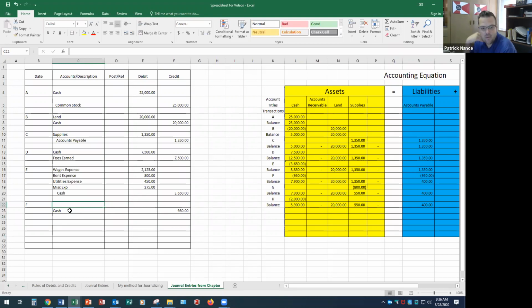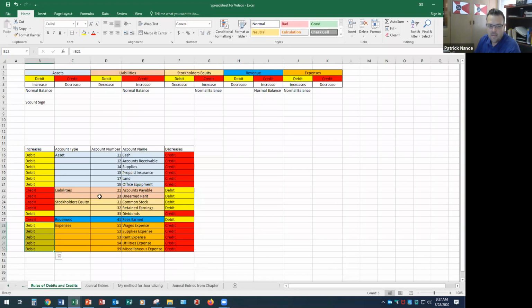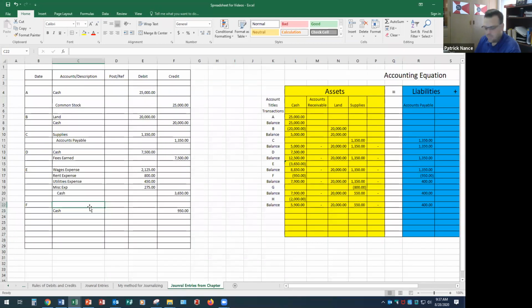I decreased my liability, which you can see we did right here. It was $1,350. We reduced it by $950. To decrease a liability account, it is a debit. So I'm going to debit accounts payable for $950.